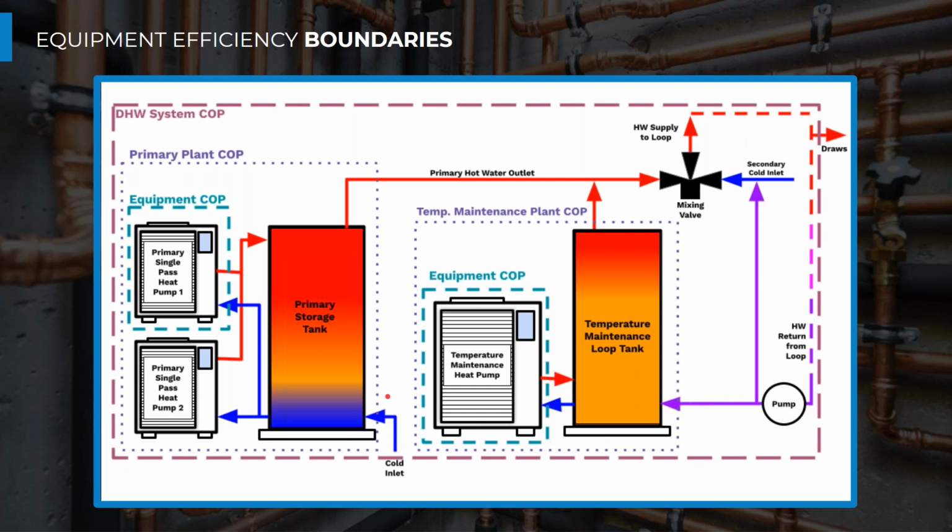Along with those additional temperature sensors, we also have some flow meters that are trending how much water flow is going through the circulation path, or how much makeup cool water is coming in. That allows us to break out the efficiencies down to the equipment efficiency.